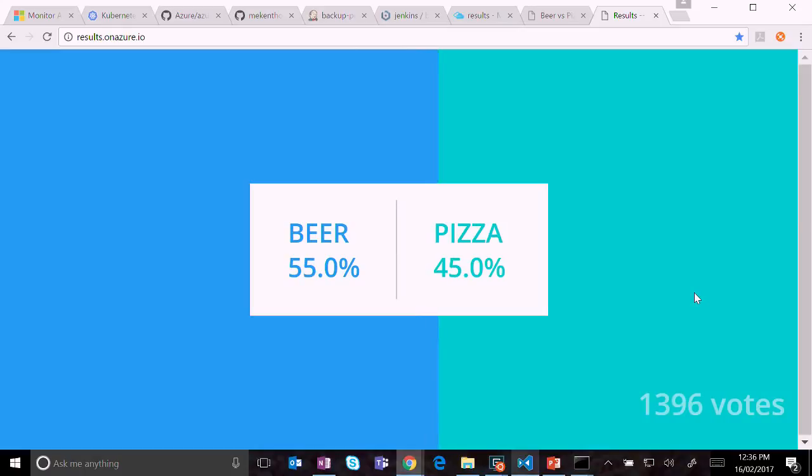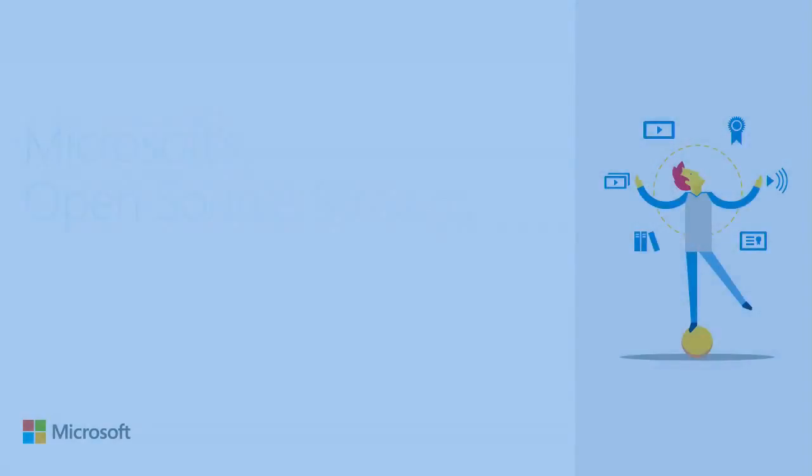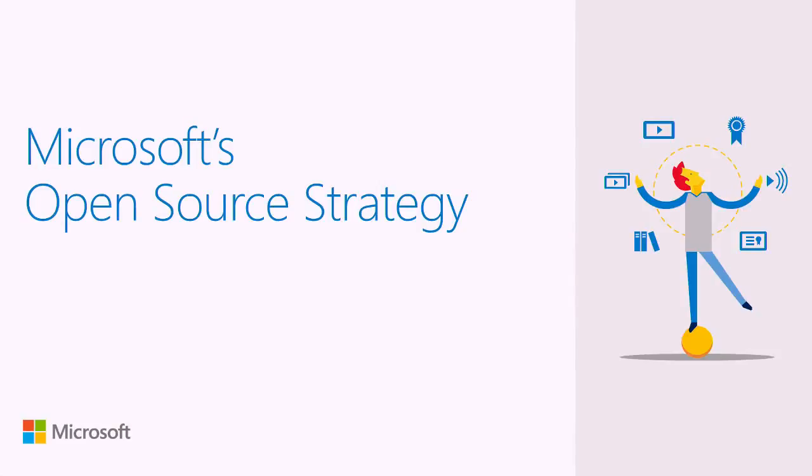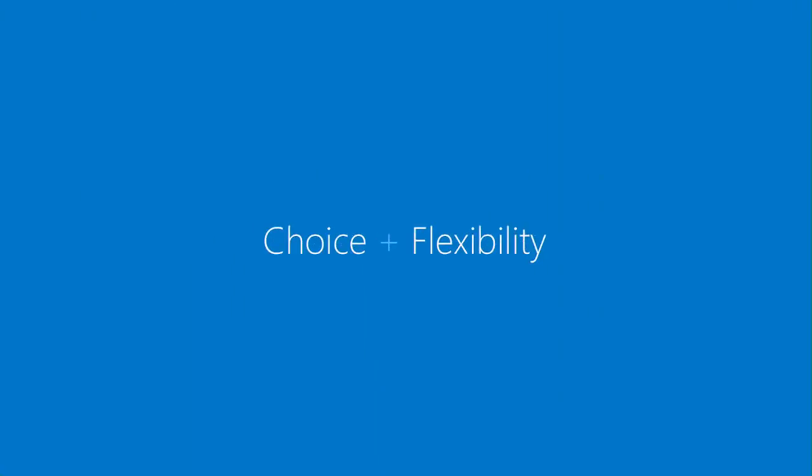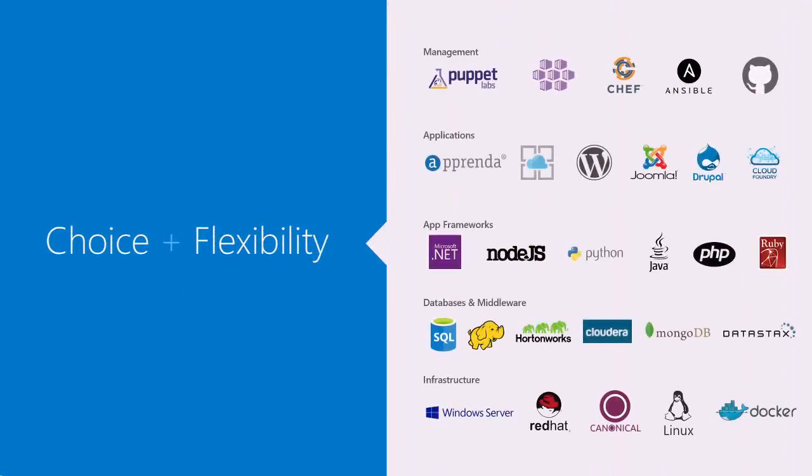All right, so that's pretty much it. So let's see what we've got left to cover. Just before we wrap up, I wanted to quickly give you an update on what our open source strategy is. So ultimately it's around choice and flexibility. So very focused on providing open source on Azure and making Azure a really great place to run open source software.